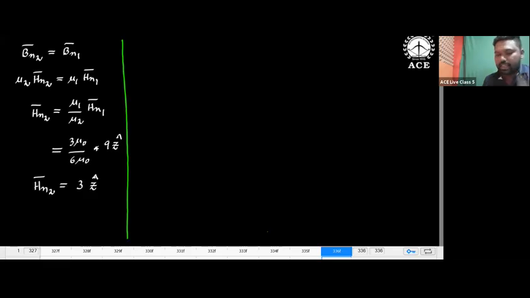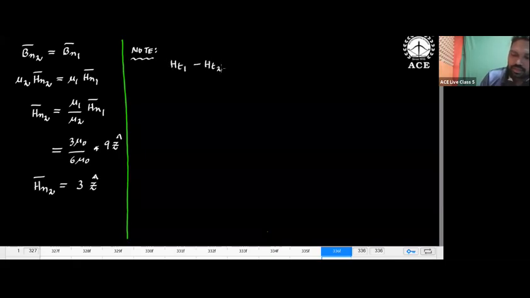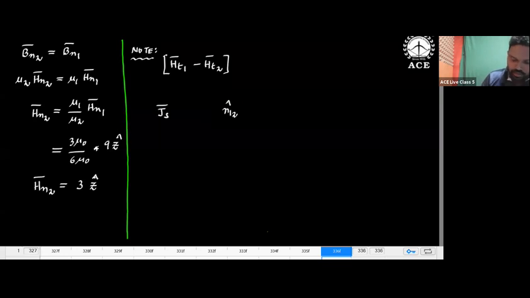Then how do you find out the tangential component, beta? There is a note I have given when the surface currents are given. This note you have to use. What is it? HT1 minus HT2 is equal to N12 cross JS. You have to take one precaution while you are using this one.